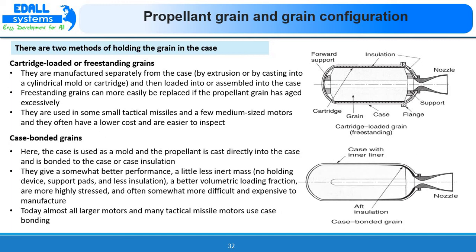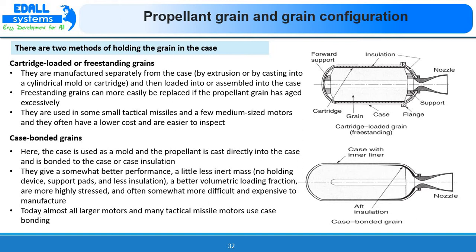Then the next category is case bonded grains. Here the case is used as a mold and the propellant is cast directly into the case and is bonded to the case or the case insulation. They give somewhat better performance, a little less inert mass because there is no holding device or support pad, and less insulation, a better volumetric loading fraction, but are more highly stressed and often somewhat more difficult and expensive to manufacture.